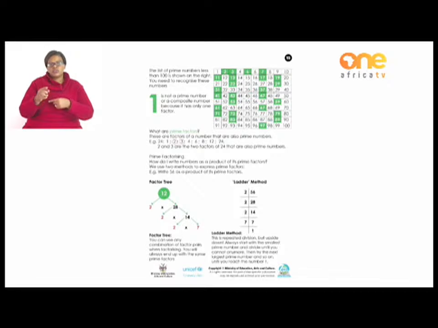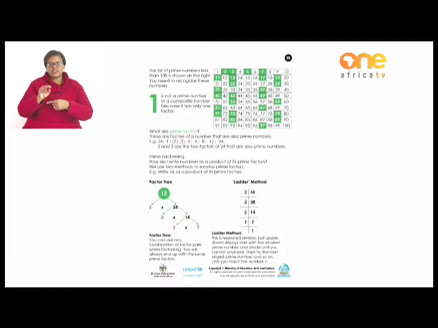So, moving to the ladder method, we are halving from top to bottom. 56 halved, you get 28. You divide by 2, you get 14. Divide by 2 again, you get 7. And 7 divided by 7, of course, you get 1.